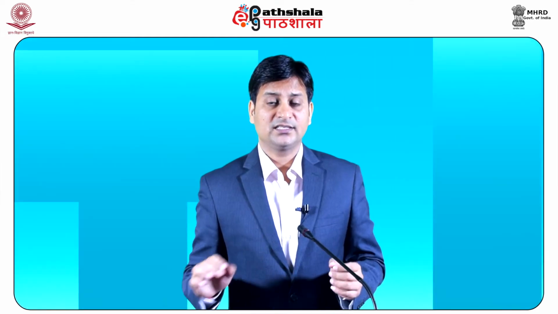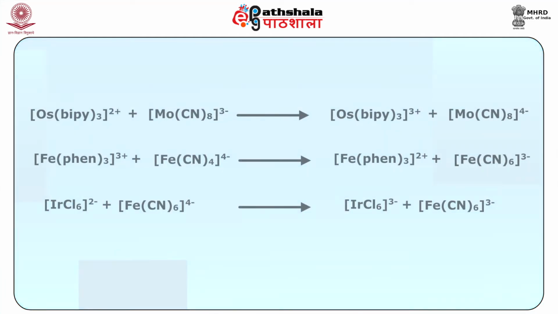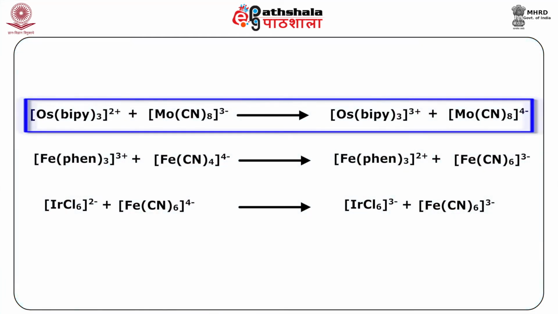Some other cross reactions are also known, like the osmium tris bipyridyl system, where osmium is in the +2 oxidation state, reacting with the octacyanomolybdenum species, where molybdenum is in the +5 oxidation state.